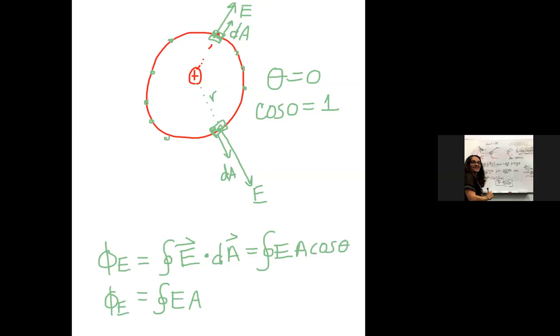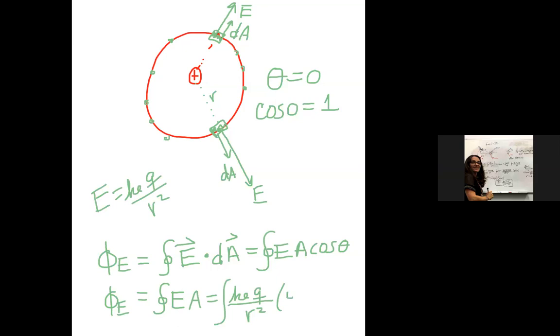Now at this point, we're not quite ready to use Gauss's law in its full form yet, because we need to equate it to something else. But let me go back. We kind of know what E looks like, right? At that point r, it's just k_e q over r squared. So we can replace that and we would get k_e q over r squared.